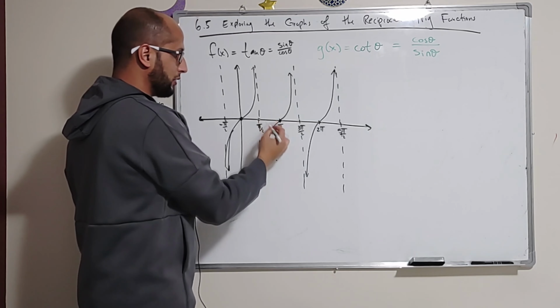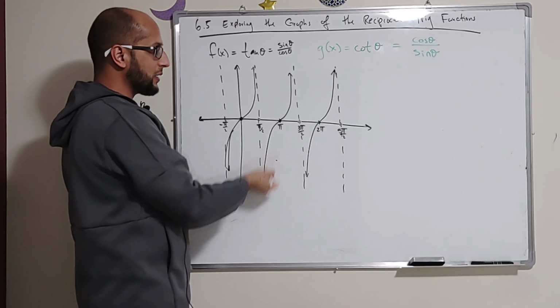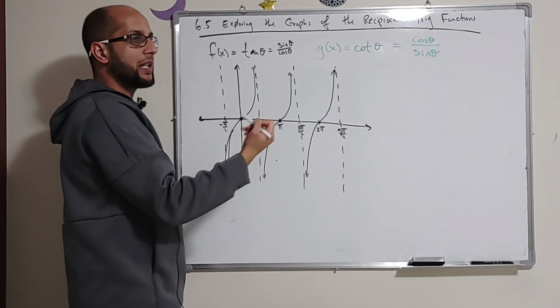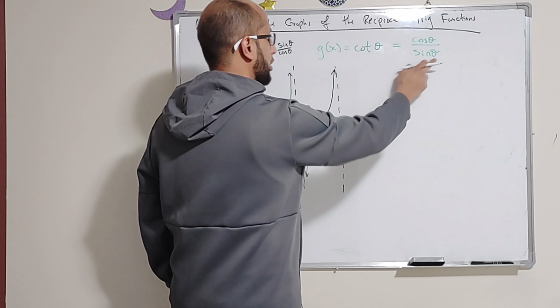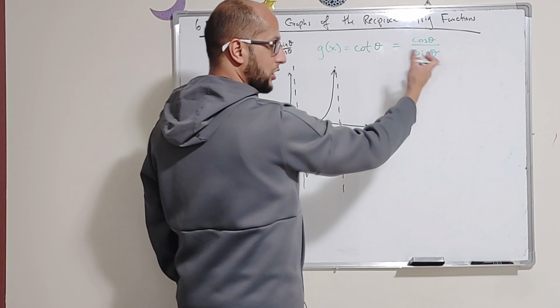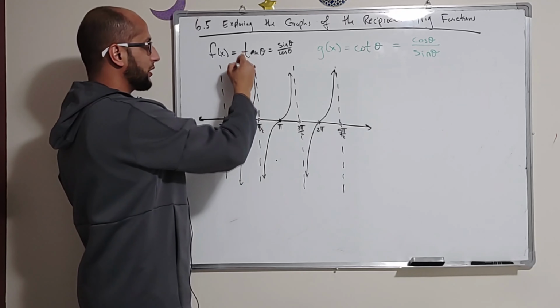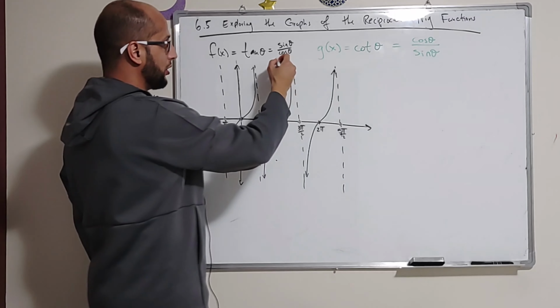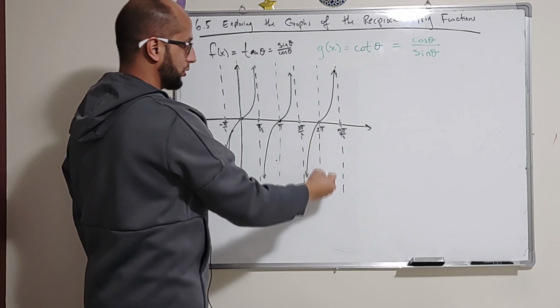So they would be here, here, here. Basically, the asymptotes of tan theta now become the x-intercepts of cotangent theta. And wherever the denominator is equal to 0, so wherever sine theta is equal to 0, that's where we're going to get our asymptotes, which means the zeros of the tan function become the asymptotes of the cotangent theta function.